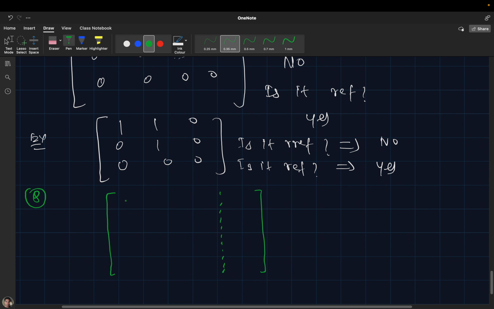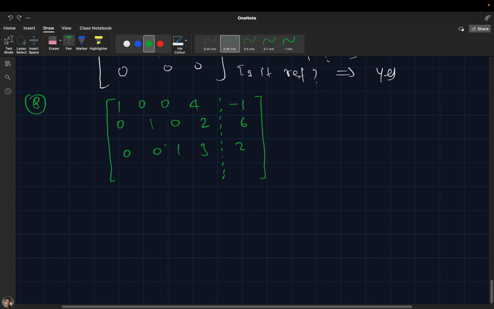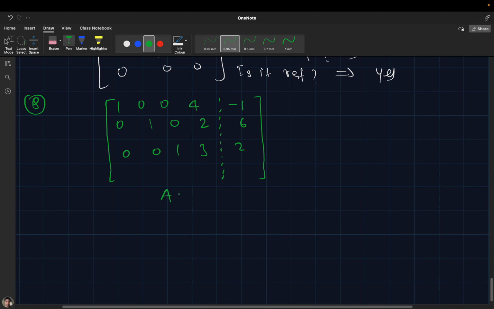And in the augmented matrix, after doing all elementary row operations, you got this kind of matrix: 1 0 0 4 -1, 0 1 0 2 6, 0 0 1 1 2. So you can see that after elementary row operations, you got this augmented matrix A|B.